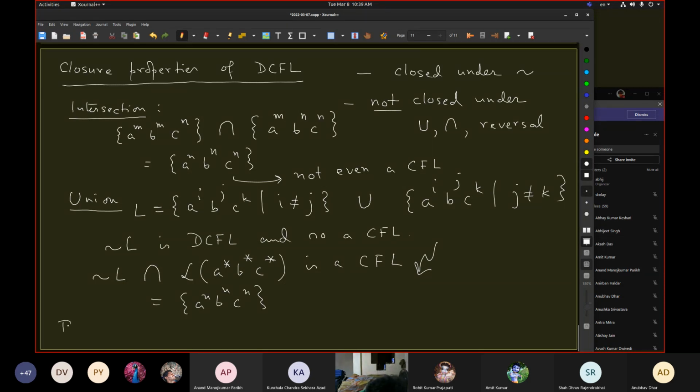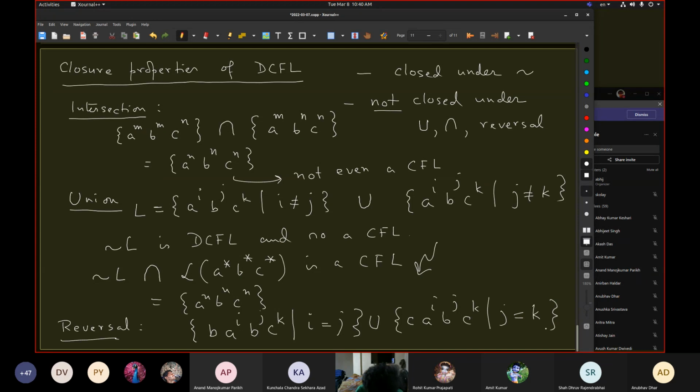And the final example, reversal. Let us again look at this language: b, a power i, b power j, c power k, maybe i equal to j or i not equal to j, whatever. Consider this language.